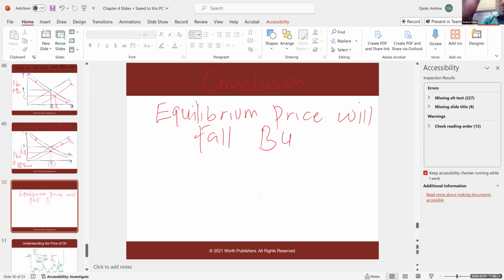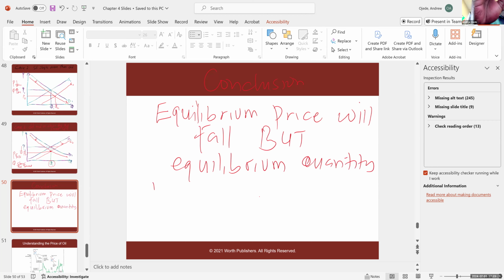But equilibrium quantity will increase, decrease, or stay the same.